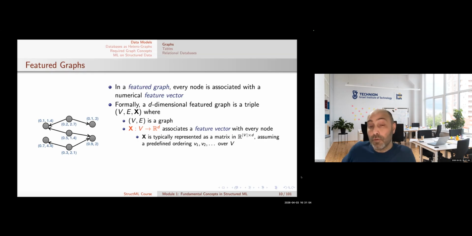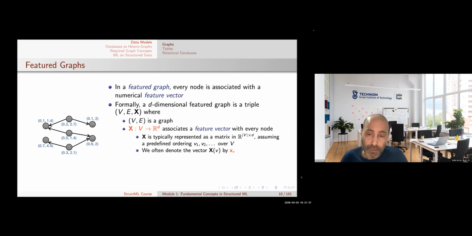The usual representation of X in machine learning literature and also in practice is by a matrix, a matrix of V rows and D columns. For that, we assume that there is some predefined ordering of the nodes, because you need to know what the features of the first node are. This is the first row. What is the second node? And so on.